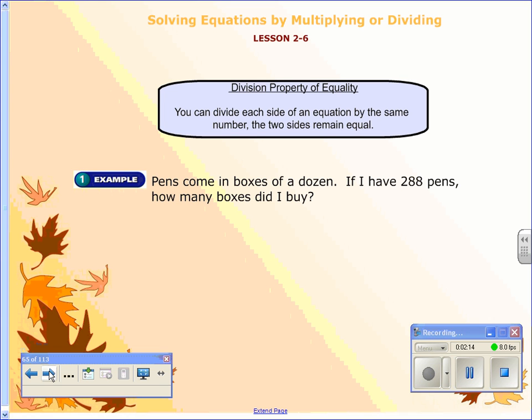Here we have number 1, and this one looks a little different than the ones in your notes, but it still goes with the same idea. Pens come in boxes of a dozen. If I have 288 pens, how many boxes did I buy? I know some of you just want to go straight for the answer, but we need to come up with an equation. We know there are 12 pens in a box, because they come in boxes of a dozen.